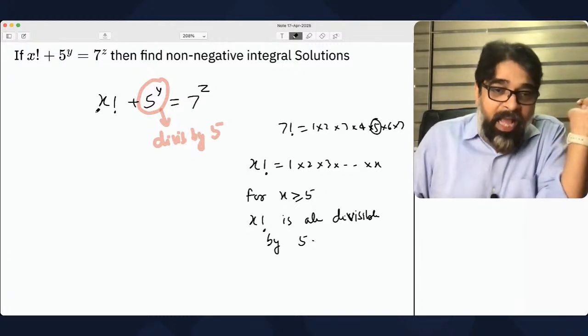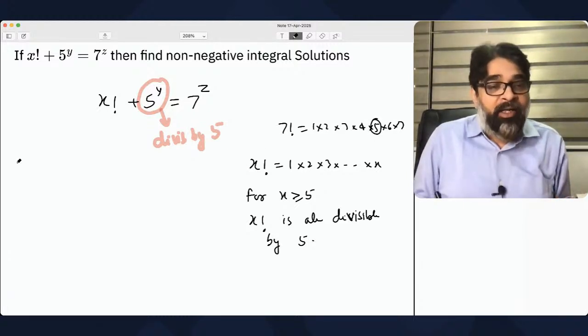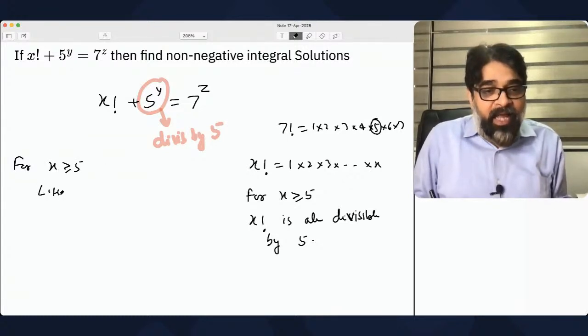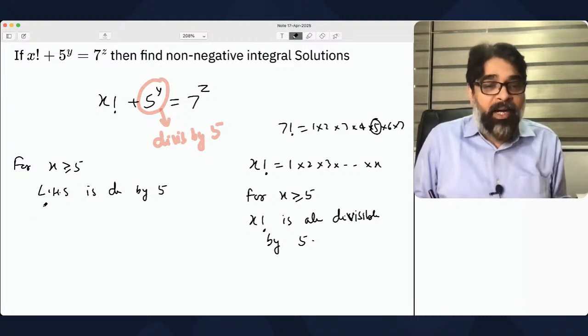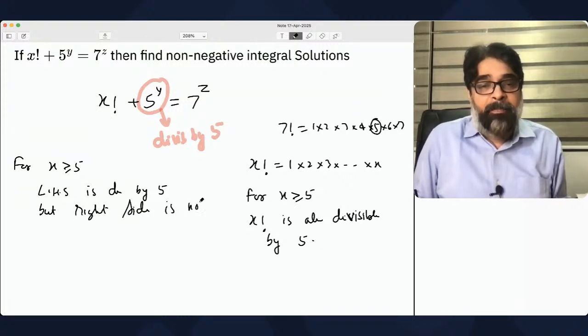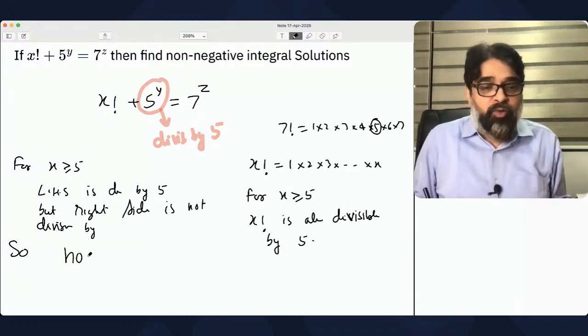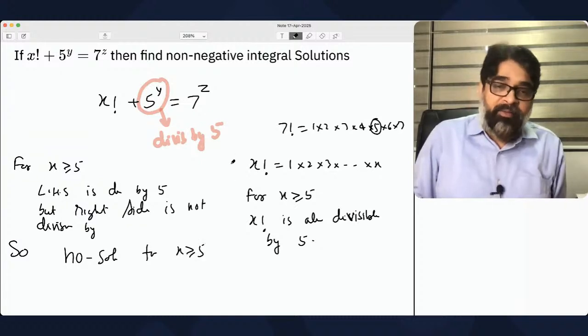So for x greater than or equal to 5, the left hand side is divisible by 5, but the right side is not divisible by 5. So no solution for x greater than or equal to 5.